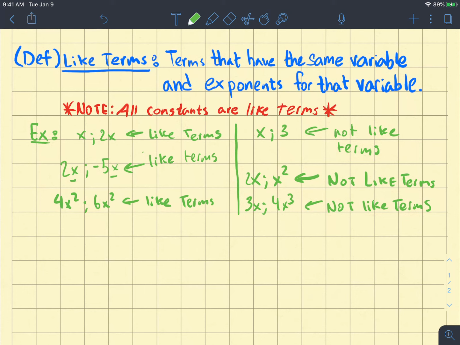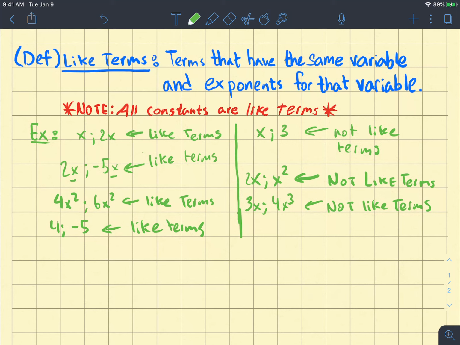I thought you said we were going to be adding. Well, we need to know what like terms are because today we're going to be focusing on combining like terms. Also, like I said earlier, all numbers, all constants, are like terms. So 4 and negative 5, these are like terms. Why? Because they're just numbers.